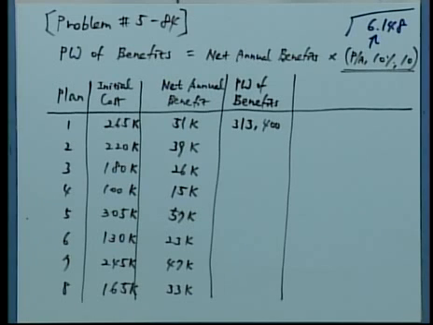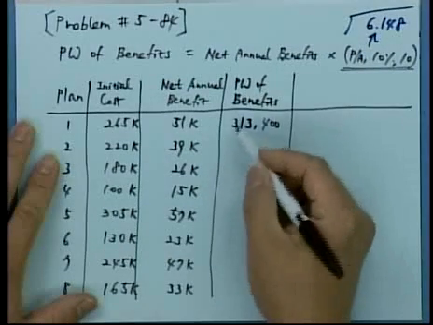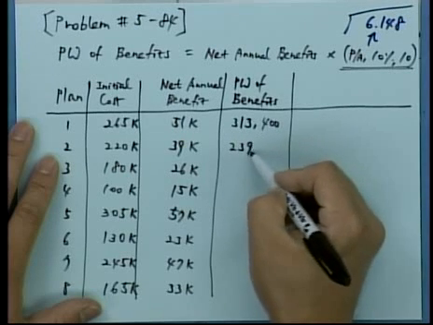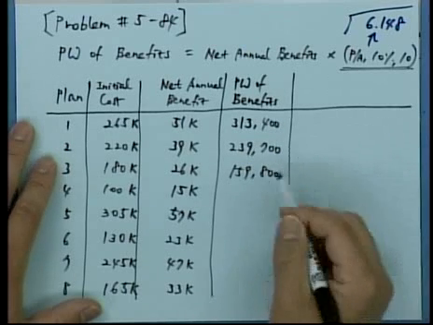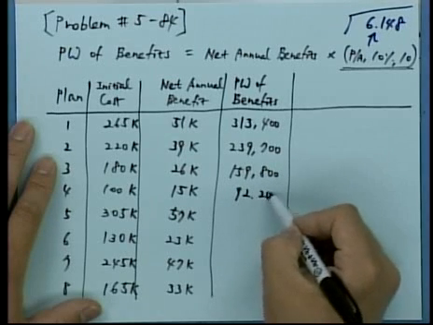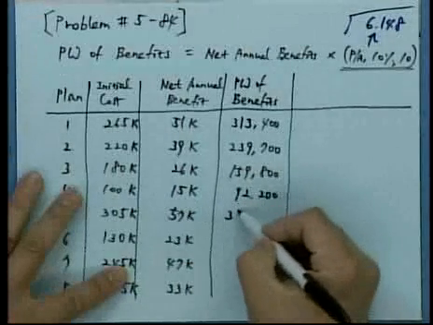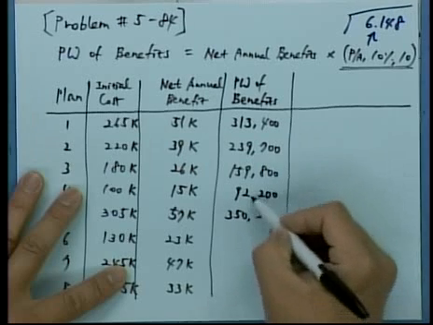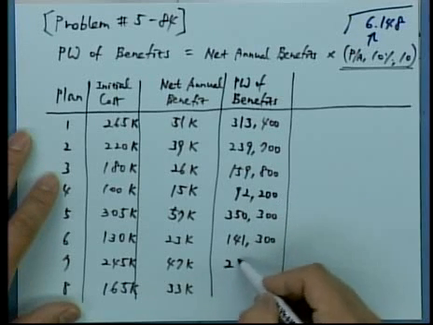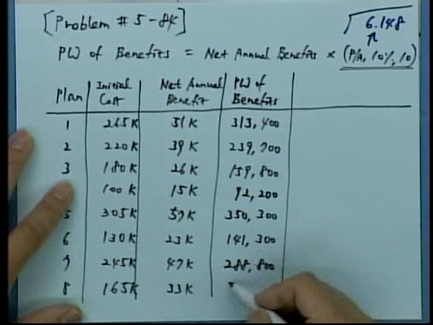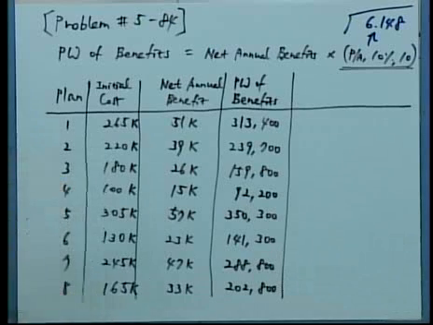Then the next values are 239,700, 159,800, 92,200, 350,300, 141,300, 288,800, and $202,800. Okay.